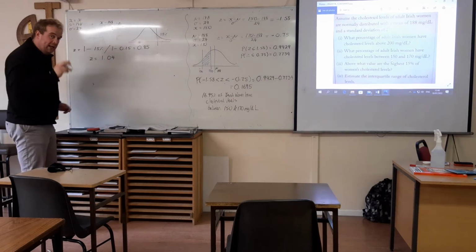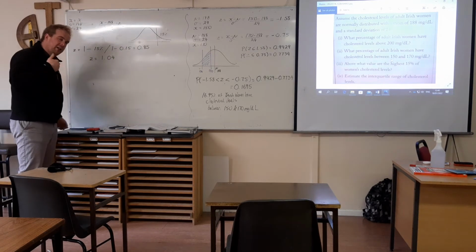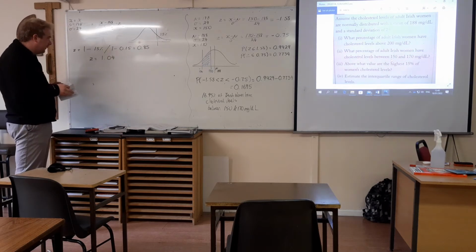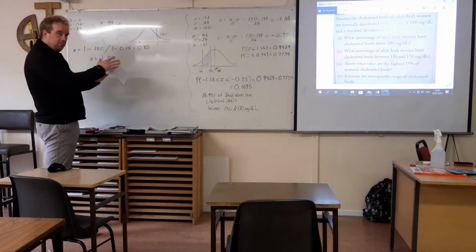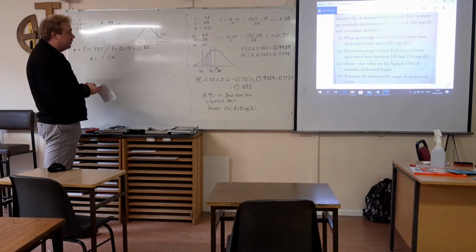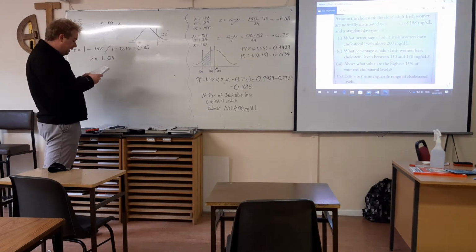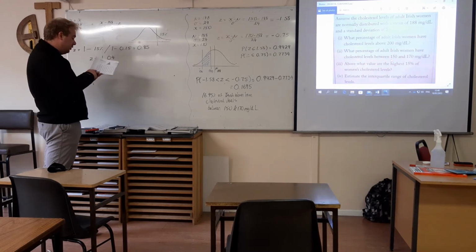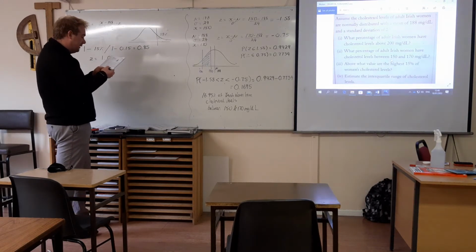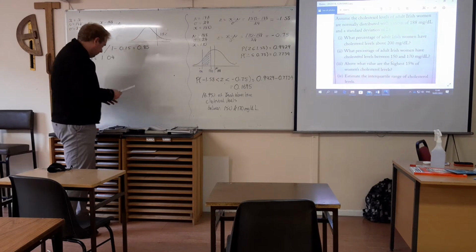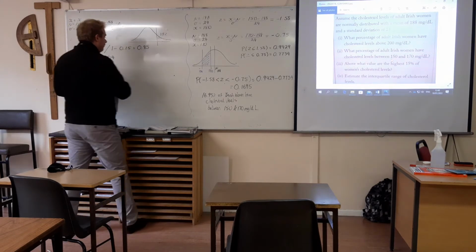Now, I'm just going to explain that a little bit better, because it might sound confusing what I'm saying. So I go to page 36 and 37 of the log tables, and I'm actually looking for this in amongst all of these numbers. I'm looking for 0.85. Now the 0.8s are usually on page 36 across the bottom. And the number that is closest to 0.85 is what we're looking for.